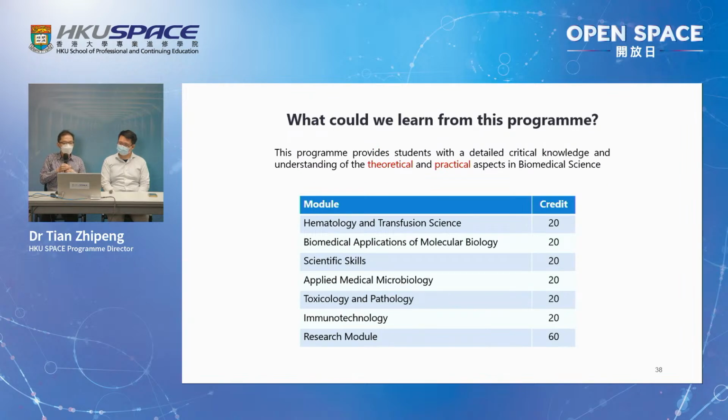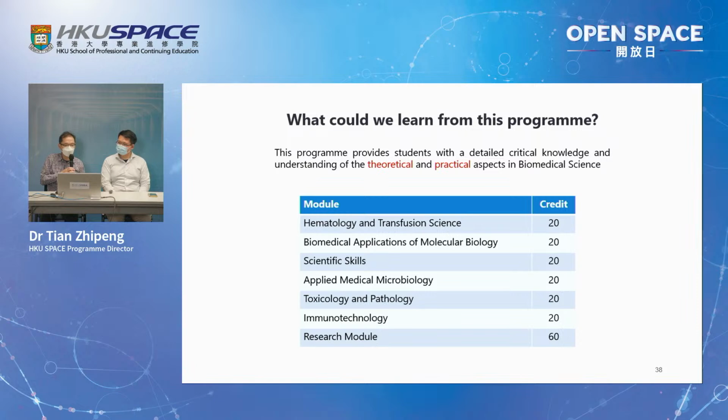So what should students expect to learn from this program? This program, of course, is at master level, so it's not focused on very basic science knowledge. It would provide the students more critical thinking and critical knowledge in both theory and practice in biomedical science.